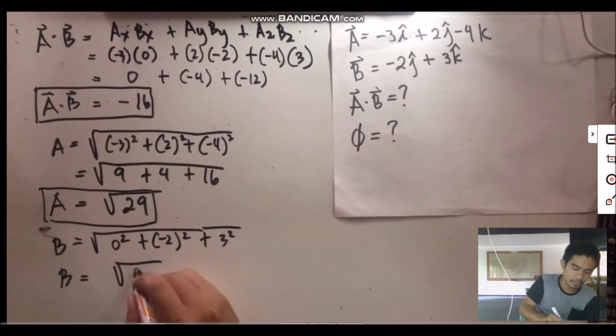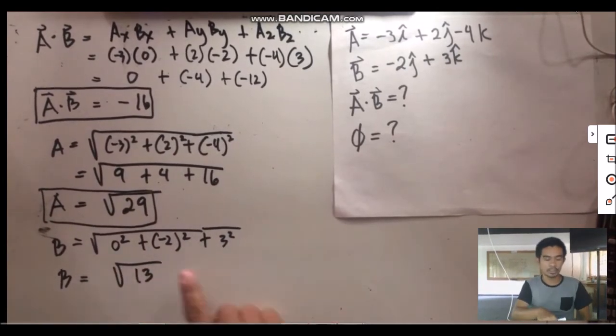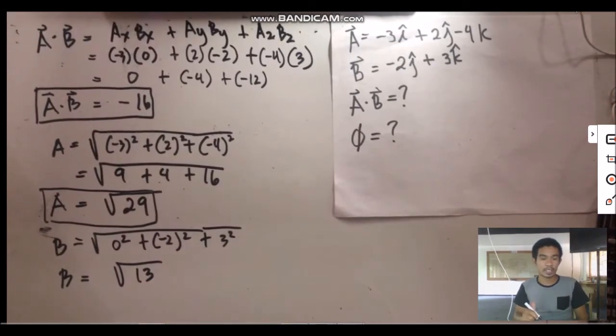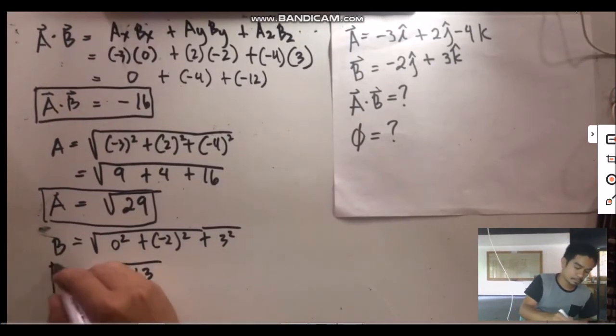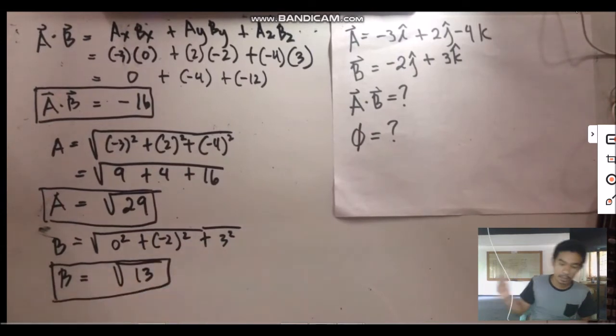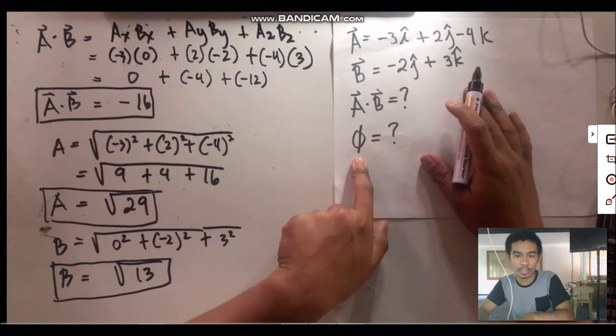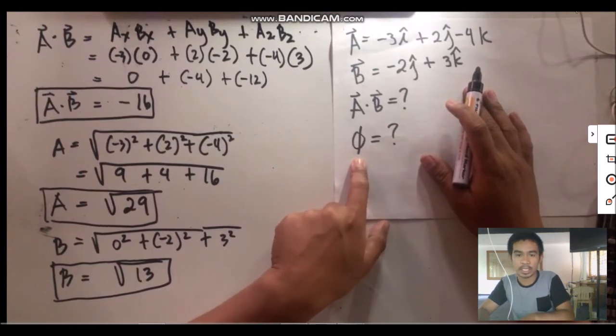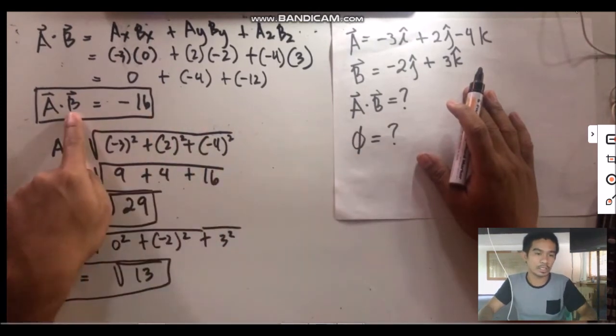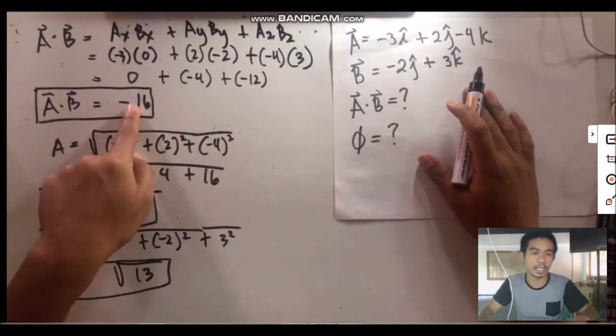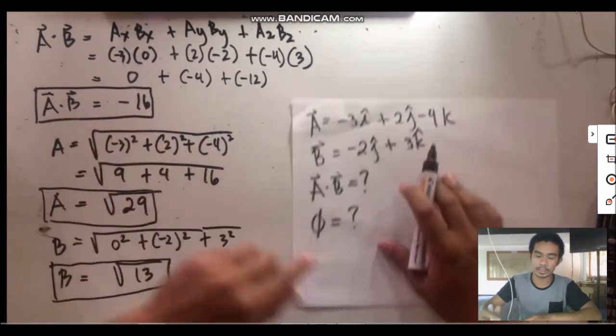This is 4 and this is 9. Then we have square root of 13. So the angle phi is expected to be greater than 90 degrees but less than 180 since the dot product of these two vectors is negative. Alright, so let's see.